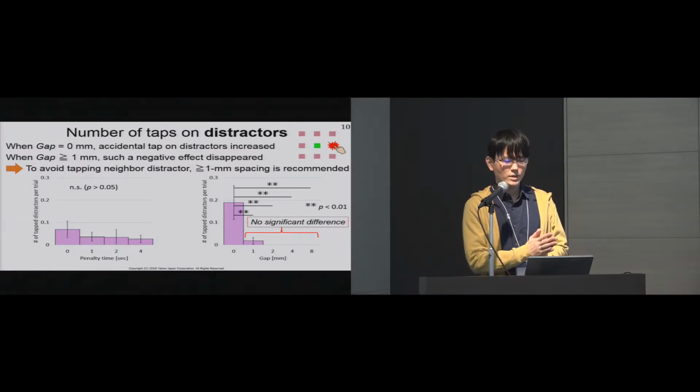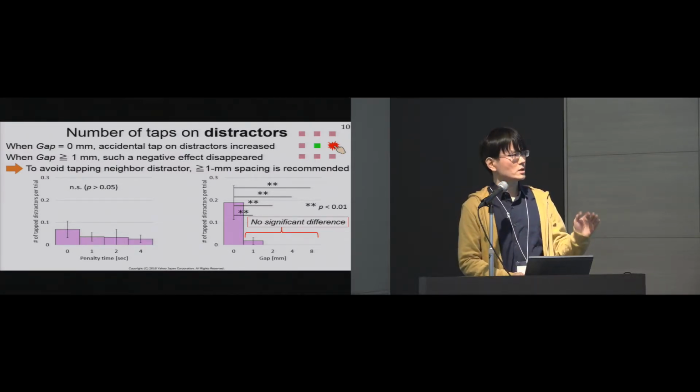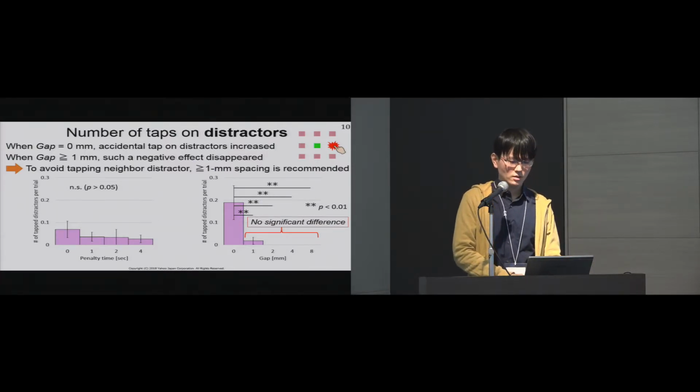But when the gap was equal to or more than 1 millimeter, such a negative effect disappeared, and there was no significant difference. So therefore, to avoid tapping a neighbor distractor, 1 millimeter or more spacing is required.